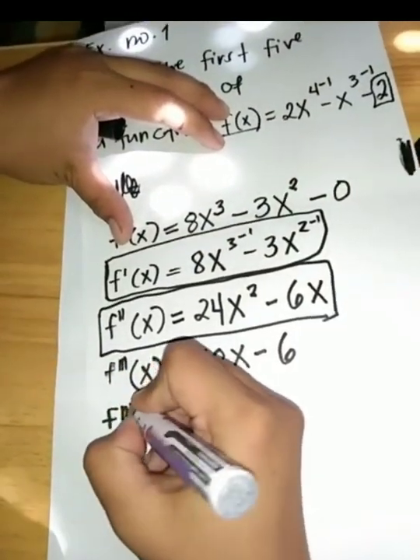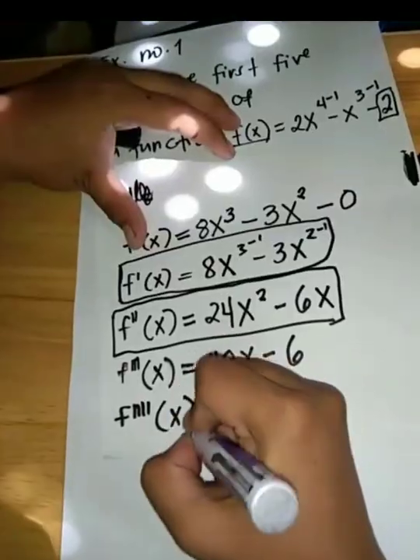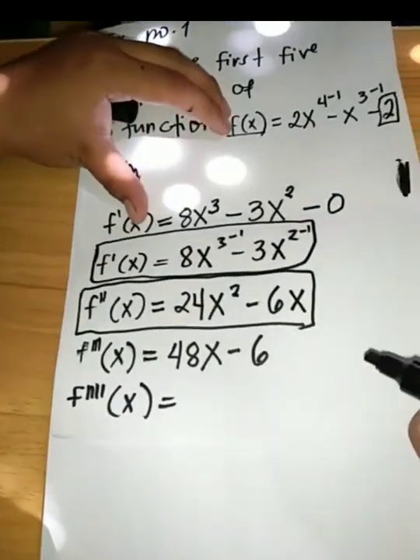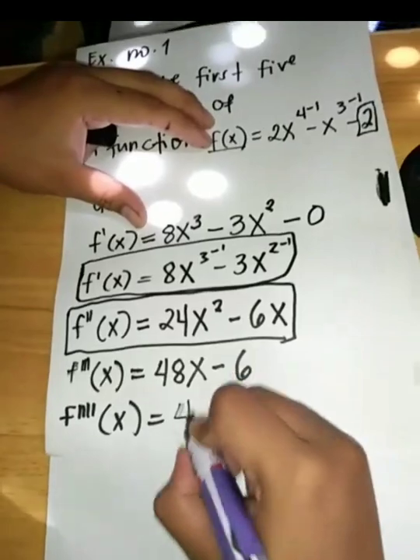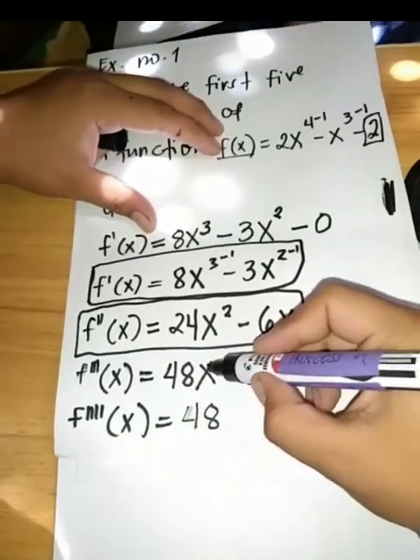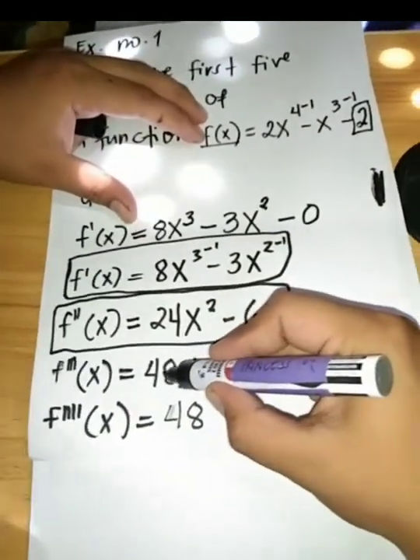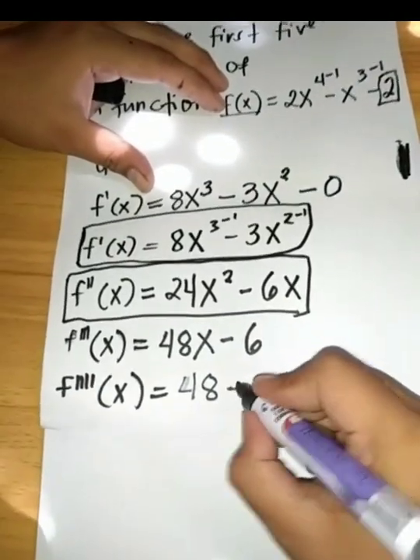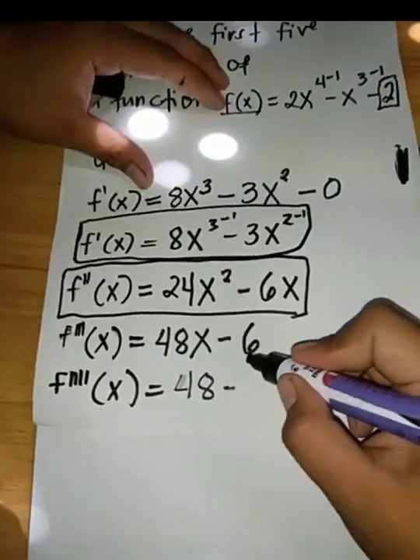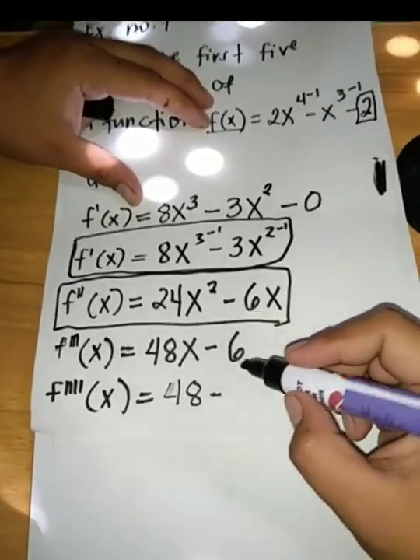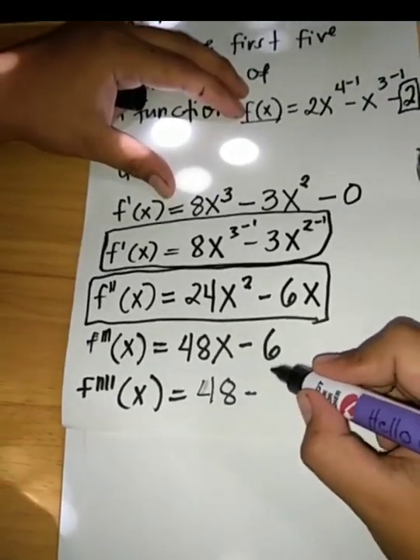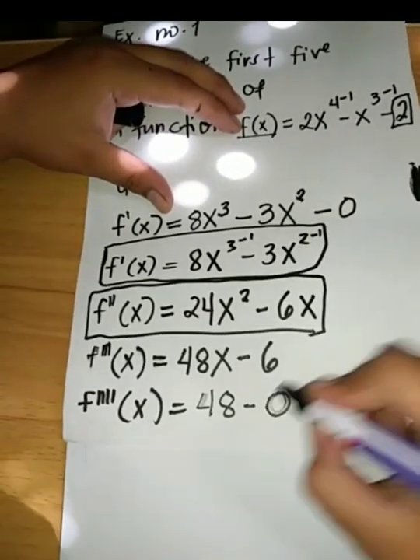The fourth derivative of the function is equal to 48, because it is 48x up here, and then minus 6, since this is a constant number, going back to the constant rule, this is going to be 0.